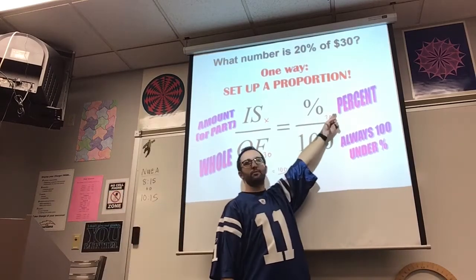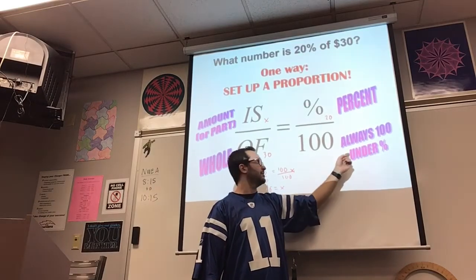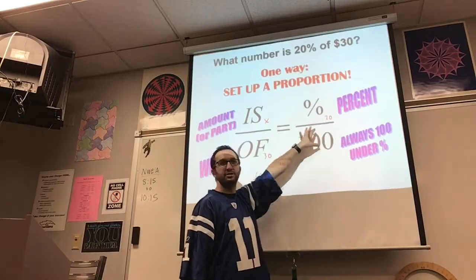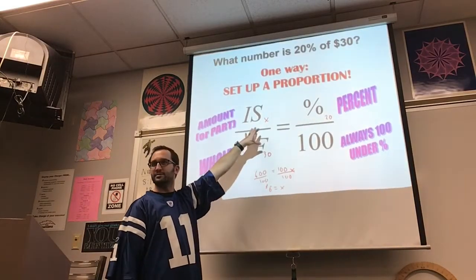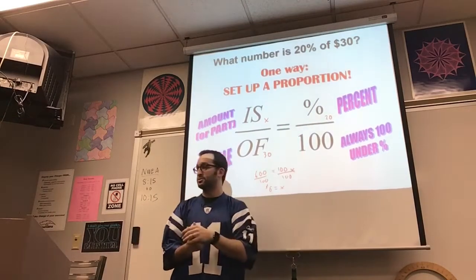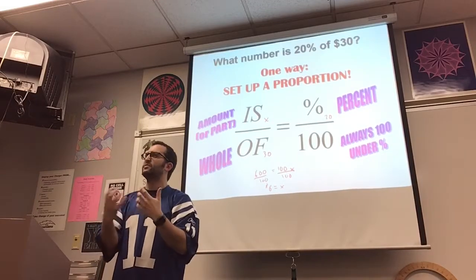What letter do you think we use for percent? And do we ever change this number? It's a whole. So this is the percent fraction, this is the actual fraction. The bottom of the fraction for percents will always be 100. So what letters do you think will go here if we were going to write this as an equation, with variables?